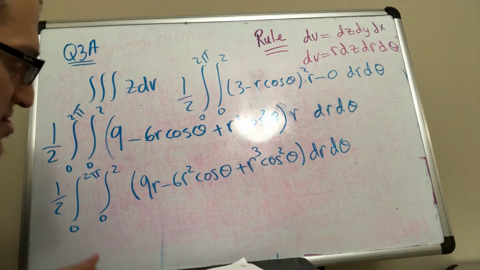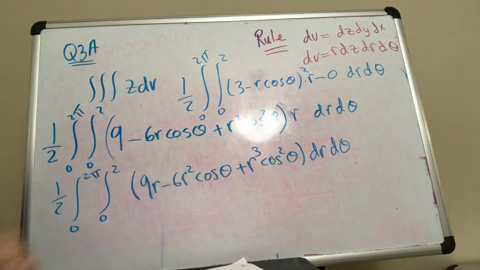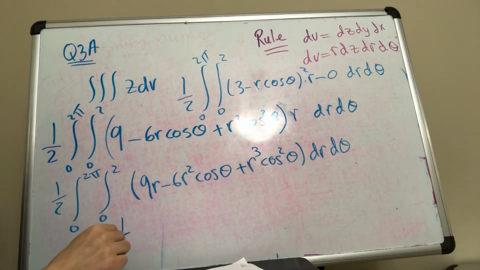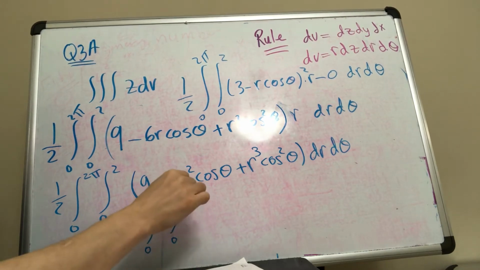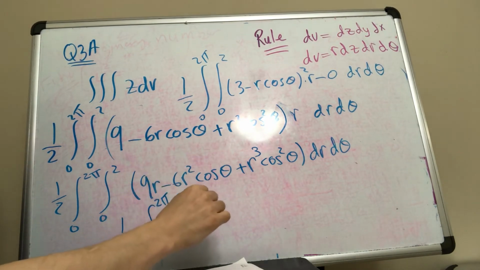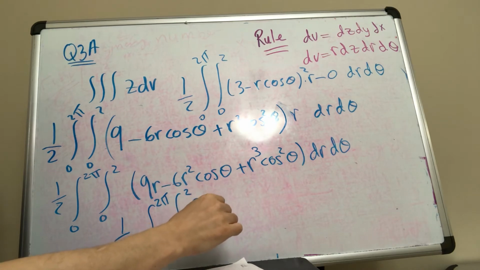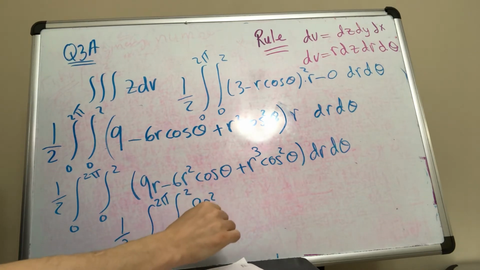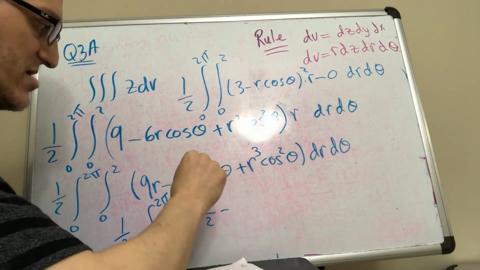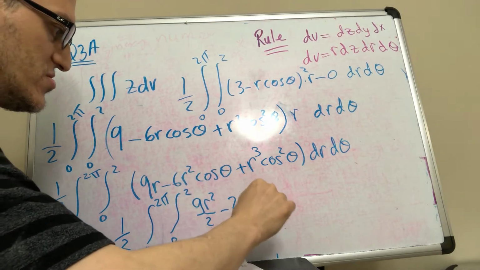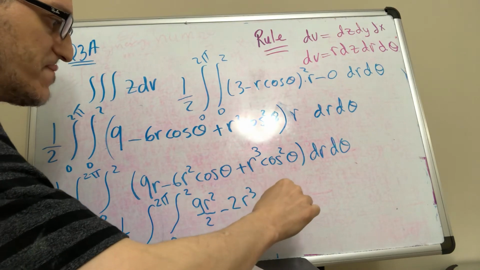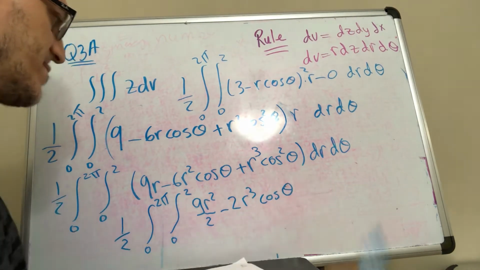Now, since we are integrating with respect to r, we have half outside, 0 to pi, 0 to 2. Integrating this one would be 9r squared over 2. This one would be r cubed over 3, so it becomes 2r cubed cosine theta.